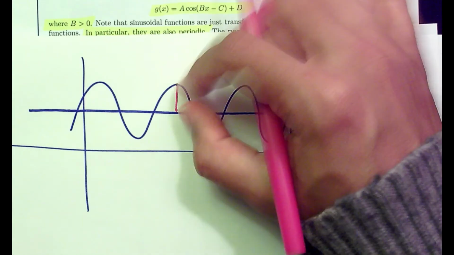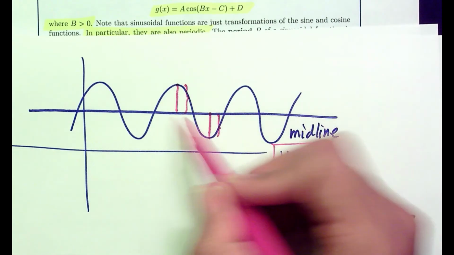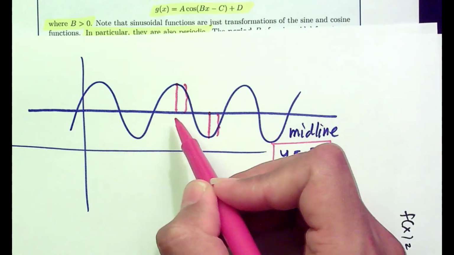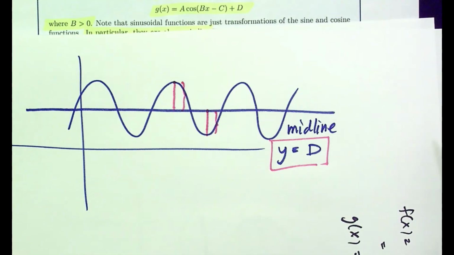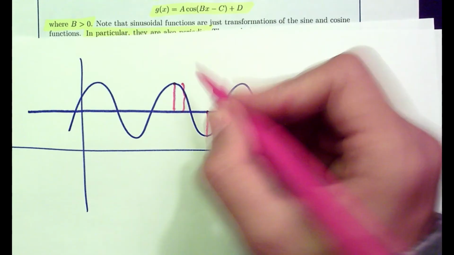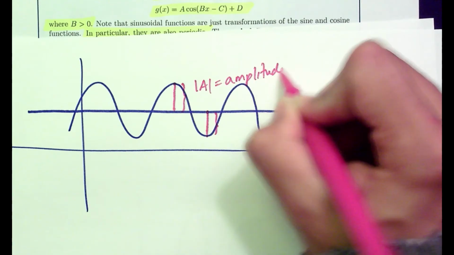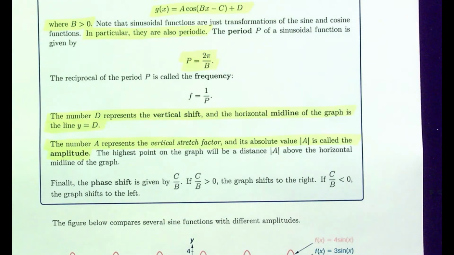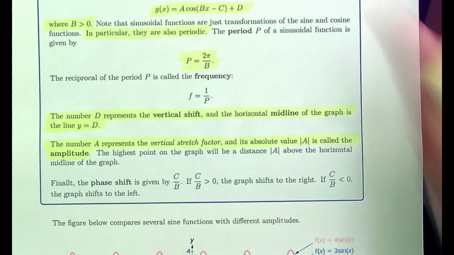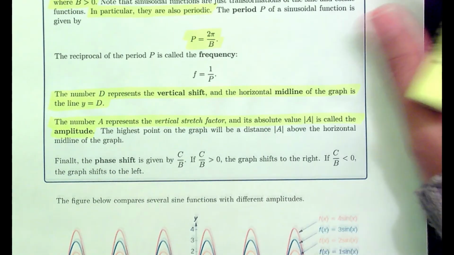So it is that distance right there. Okay, between the midline and the highest point, or between the midline and the lowest point. So it is how tall that wave is. That is the absolute value of A, the amplitude of the wave. Okay, that's another thing you have to memorize: that the absolute value of A is the amplitude and what it means.